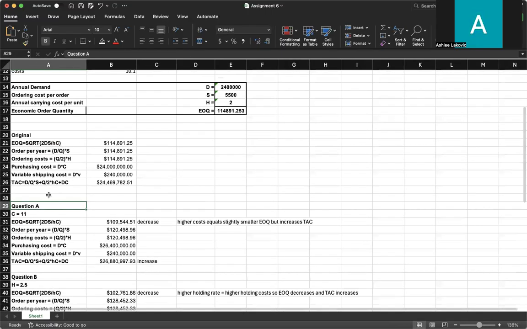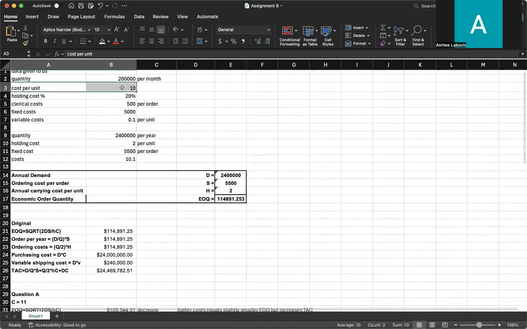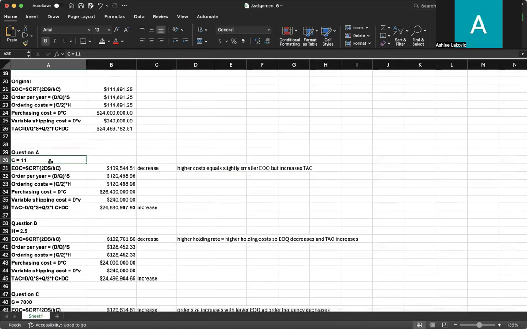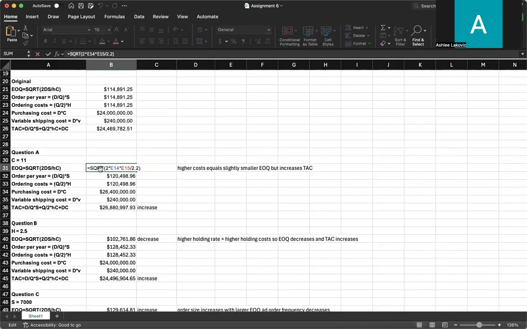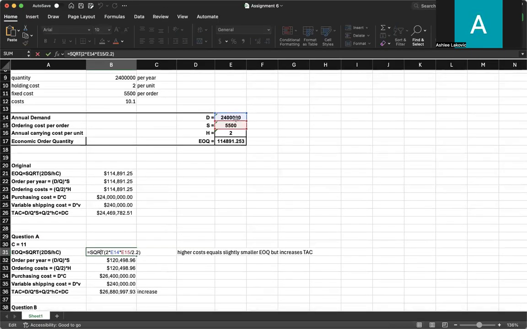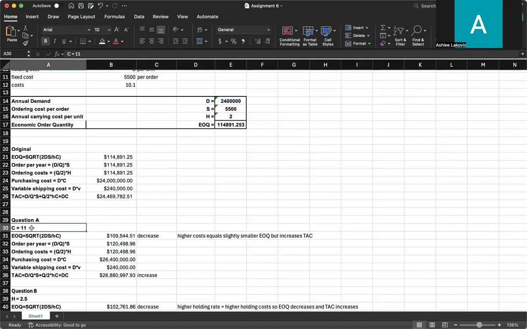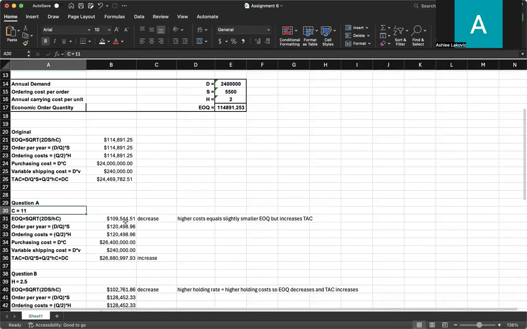So question A, the change made is that the cost per unit changes to 11 from 10. So inputting that into each equation here, you can see square root of 2 times the annual demand times the ordering cost per order, and that's divided by 2.2, because 11 times 20% is 2.2.